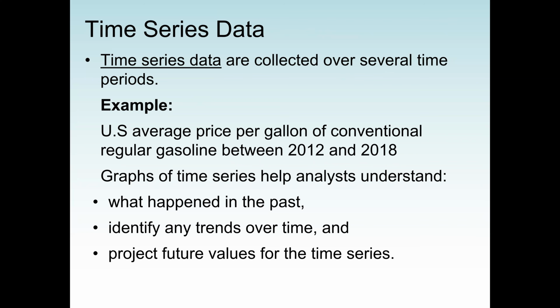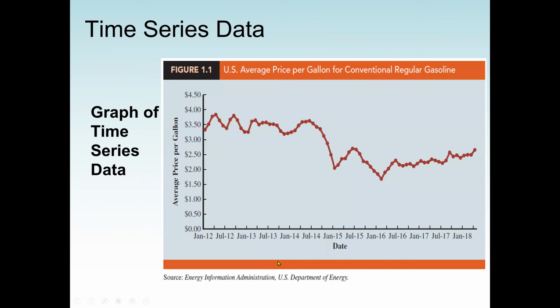If we are giving the patient a medicine or some intervention, we can monitor the progress of the patient. So that will be time series data. So we see what happened in the past, identify trends over time, and also project the future condition of the patients. So this is a graph of time series data.